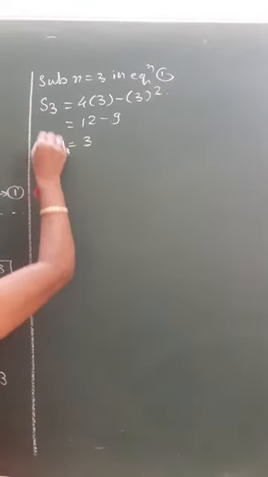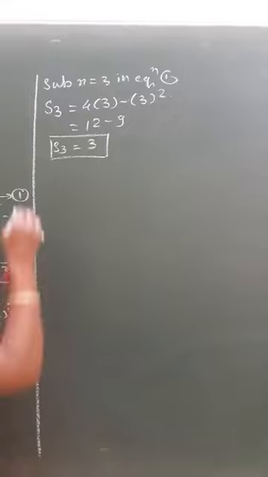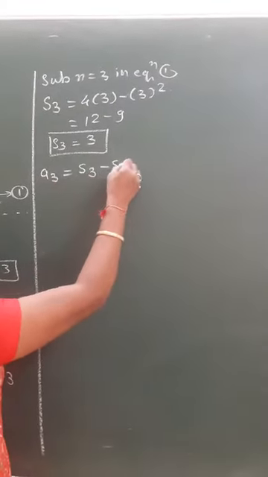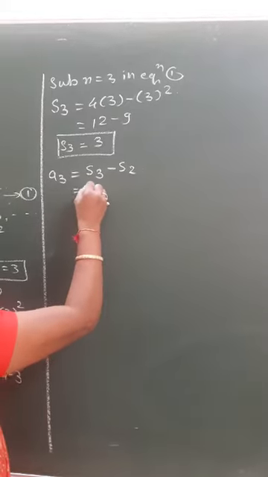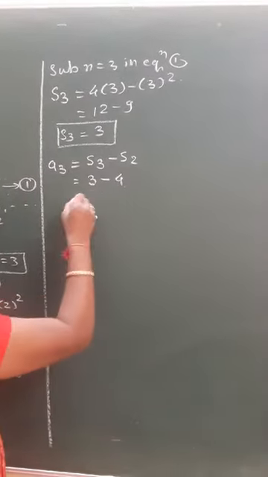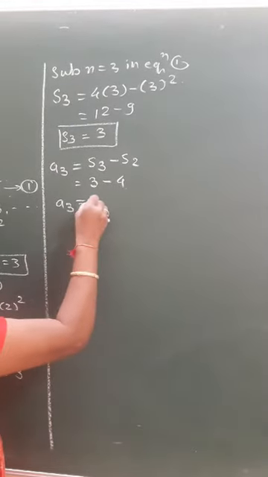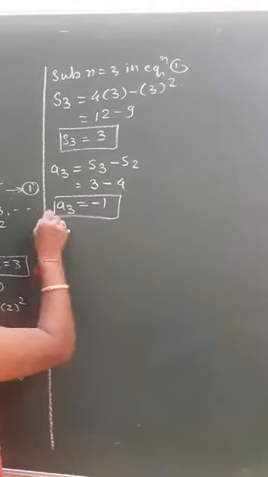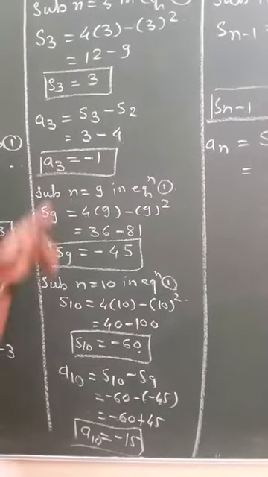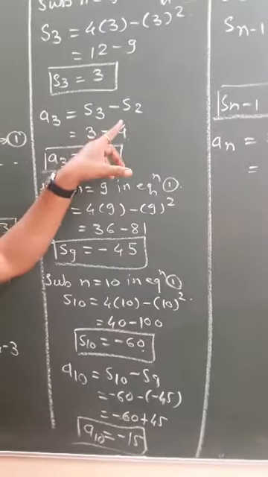So we got here S3. We have to find A3. A3 formula is S3 minus S2, and S3 is nothing but 3 minus S2, we got as 4, and we will get A3 is nothing but minus 1. Are you ready? Now we have found A3. A3 means S3 minus S2.